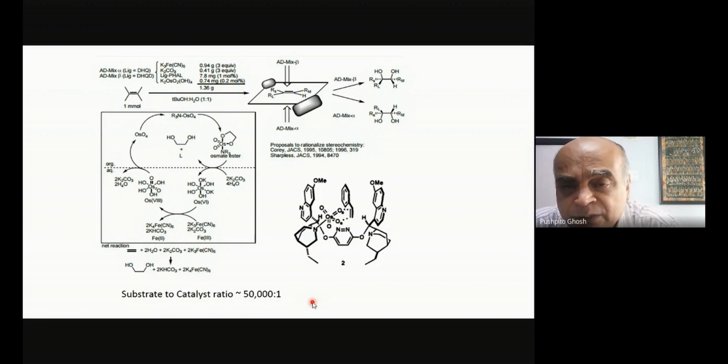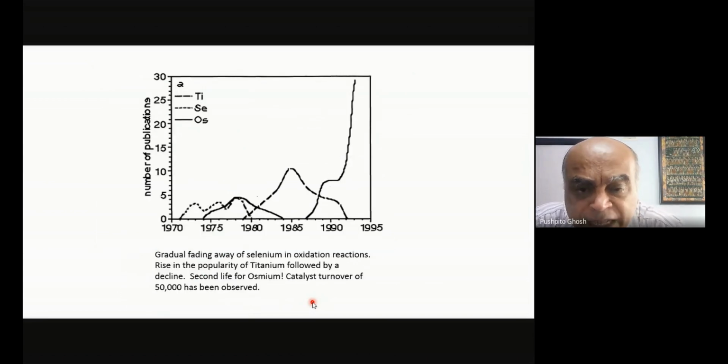And if that seemed high, this was even higher, 50,000 to 1. And so what it meant is that the non-availability of osmium tetroxide was no longer a big issue, because this problem had been circumvented. You could keep on recycling the osmium 8. So that's what he did.